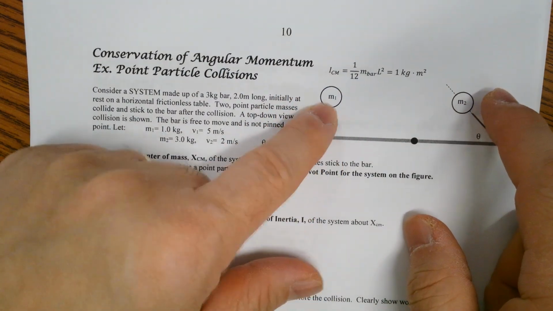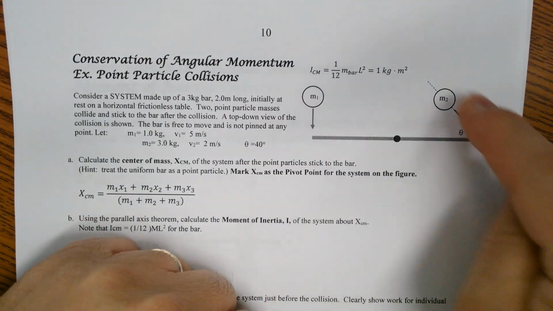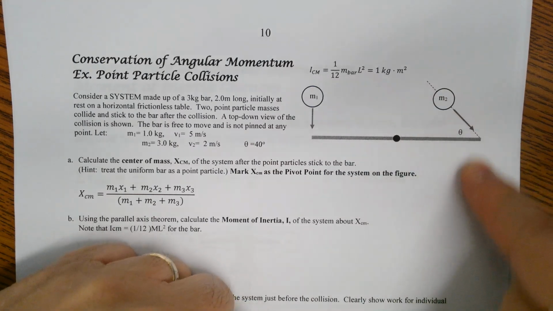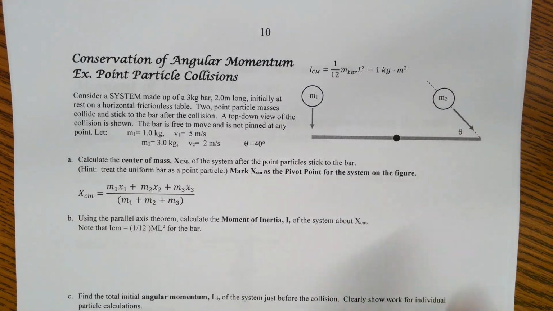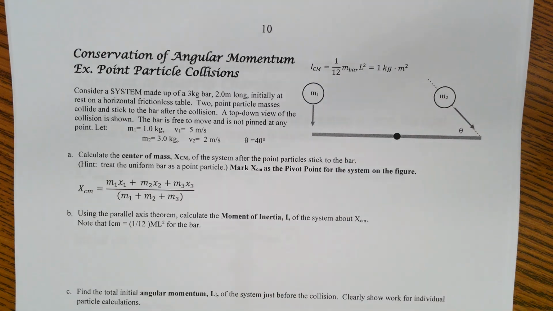This one is going to try to make it turn counterclockwise. This one is going to try to make it turn clockwise after the collision. So we have to see who's going to win.